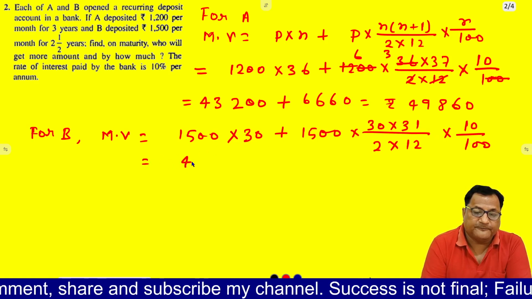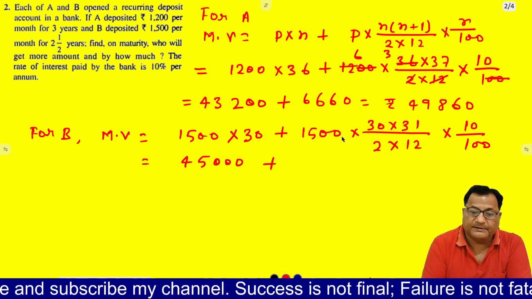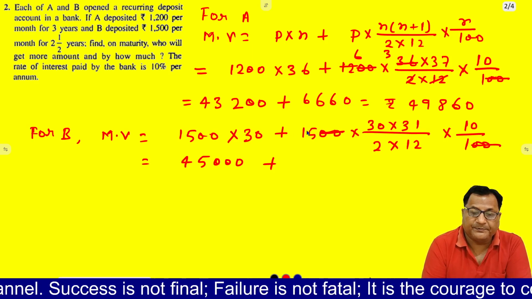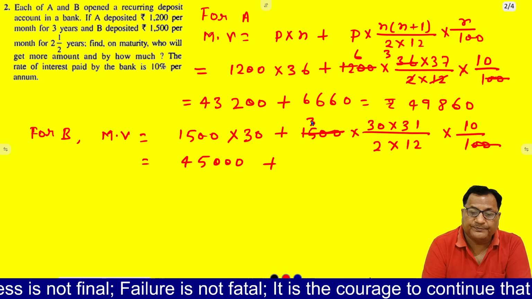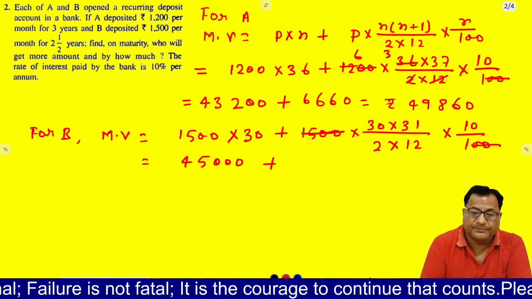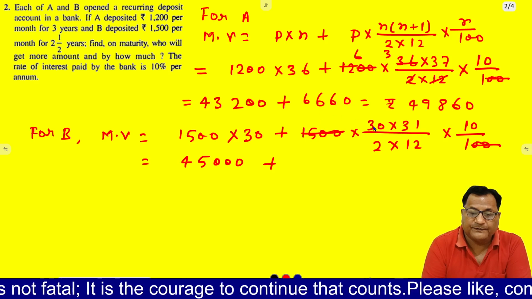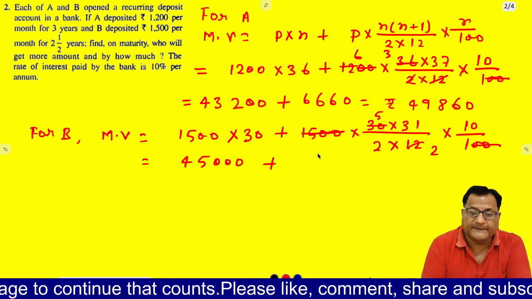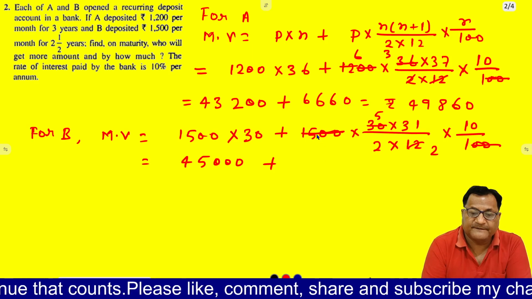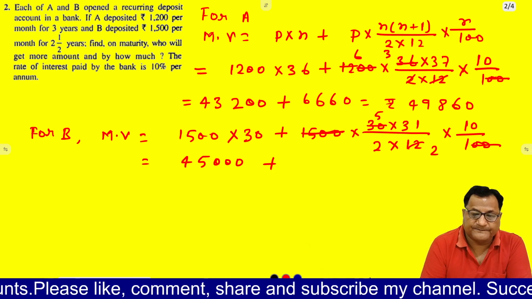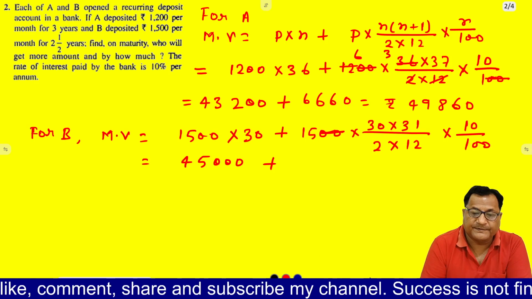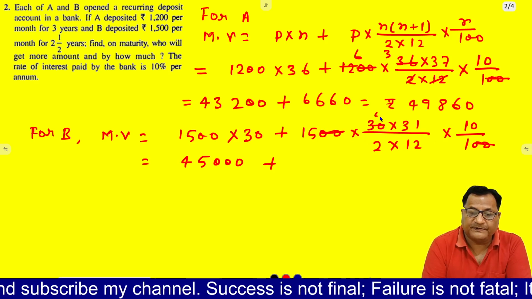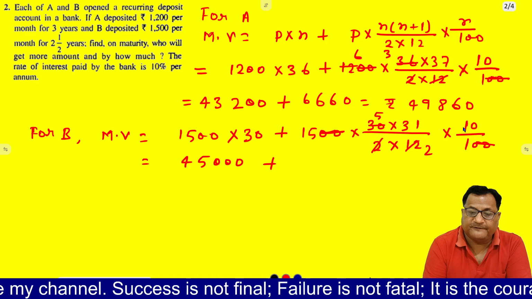This will be 45,000, and if you divide this, this will be cut. 5 3, 3, 6 6 5 just 30, 6 2 12, 0 this will be cut. 6 5 the 30, 6 2 12, 2 5 the 10.